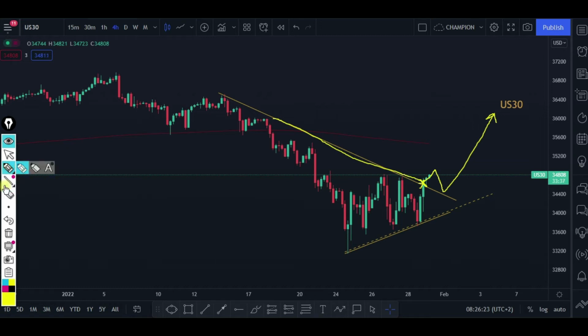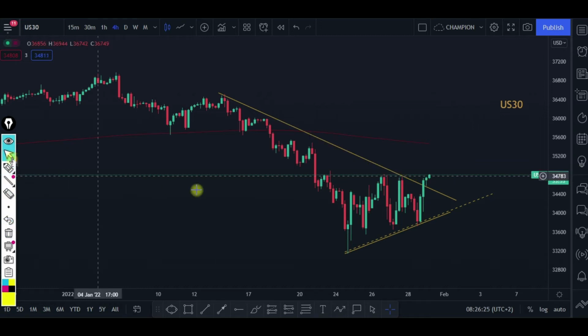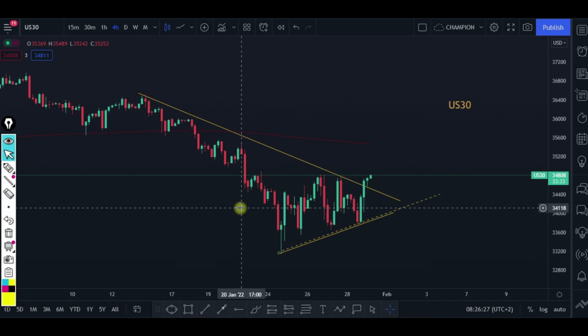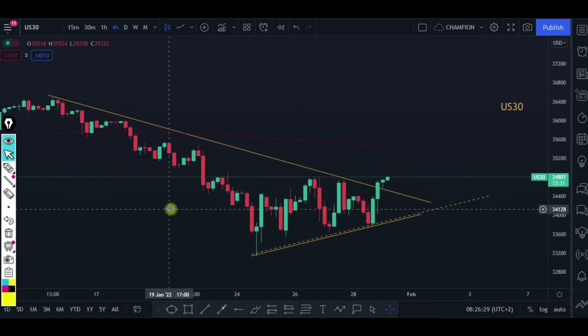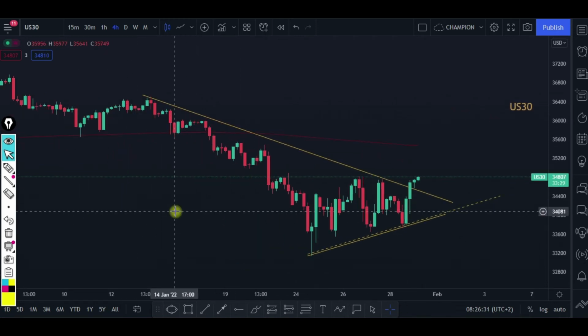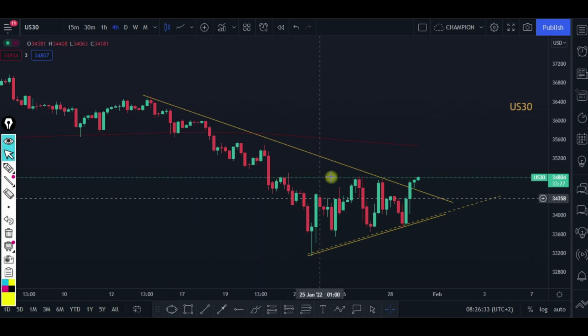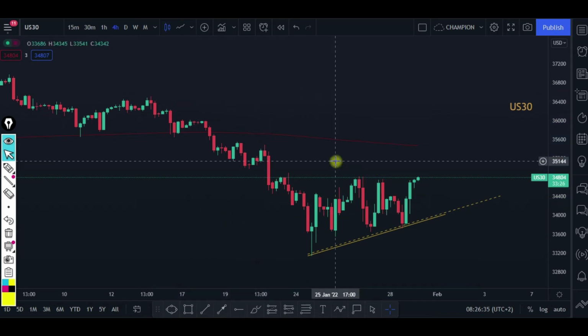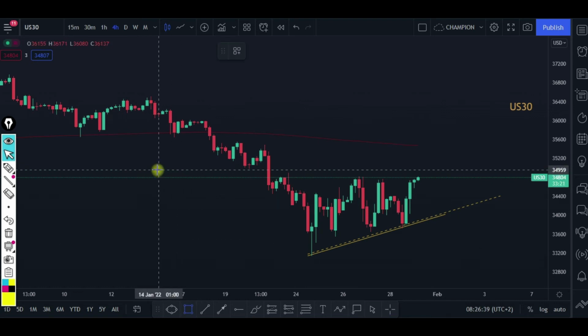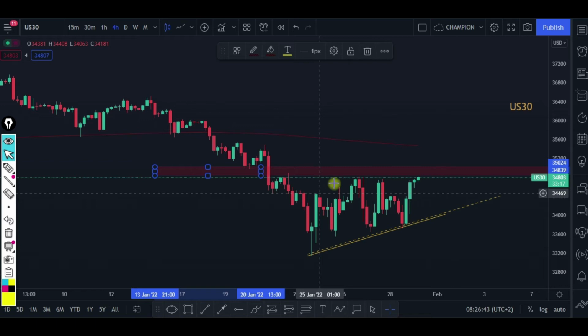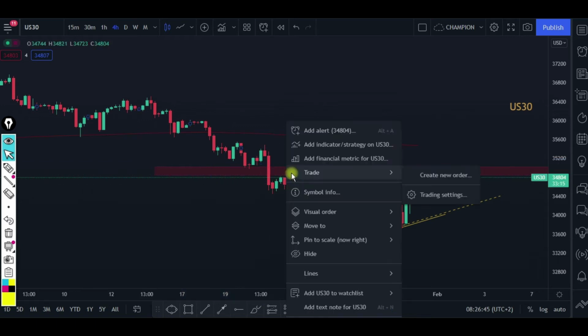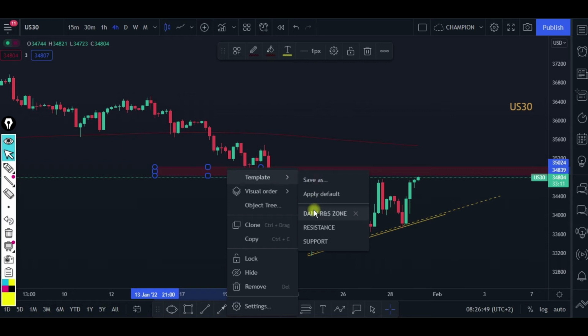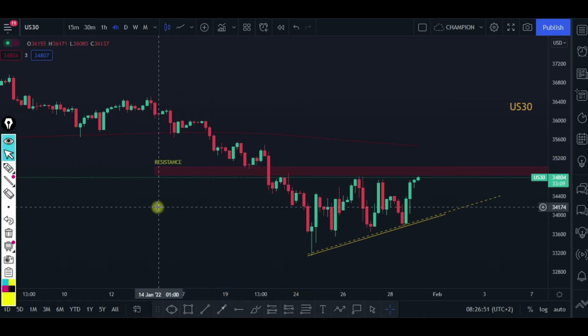It's US30, man. This is how it moves. Sometimes it correlates with Nasdaq 100, but sometimes it doesn't. If I can show you a previous support and resistance, this is our resistance, previous support.